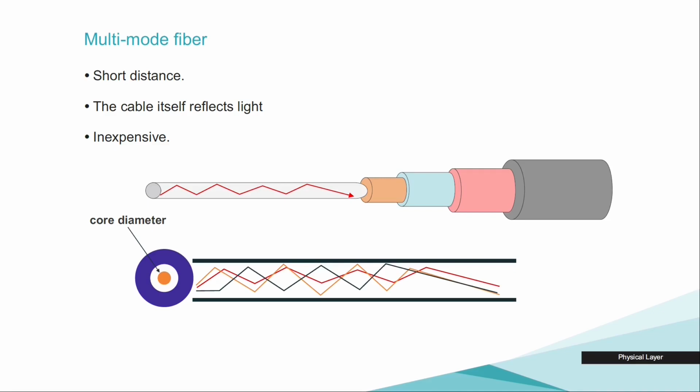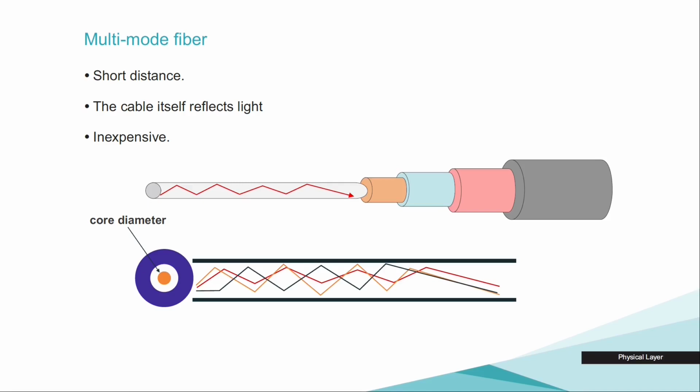The multi-mode supports longer distance than the copper cable, but compared to single mode, it supports shorter distance. The core itself reflects light, as you can see in our example. So the light doesn't go in a straight line.